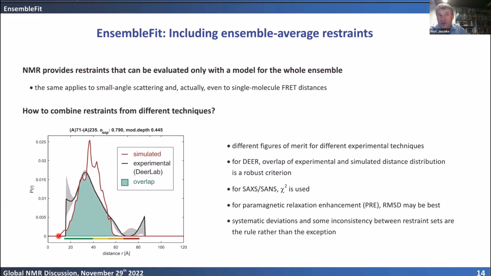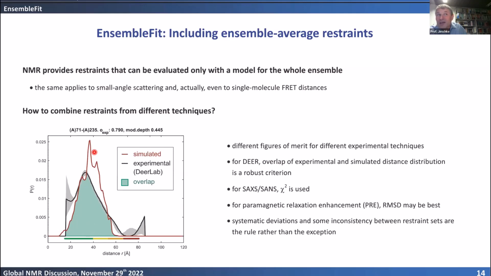What is rather robust is to look at the overlap between the simulated distance distribution for your whole ensemble, the red line, and the experimental distance distribution, the black one. The overlap is the area that they have in common. And if both distributions are normalized to a unit area, then this overlap, which is 79%, 0.79 in this case, gives you an idea how well your ensemble model agrees with the distance distribution that you have measured.